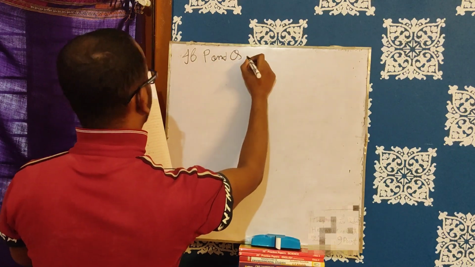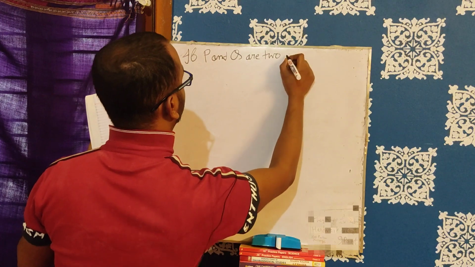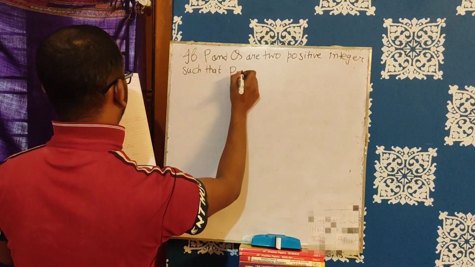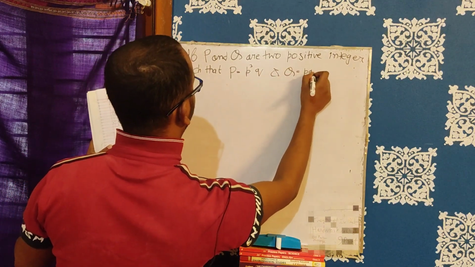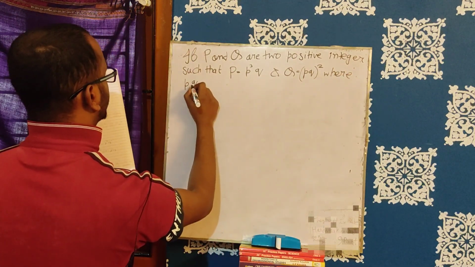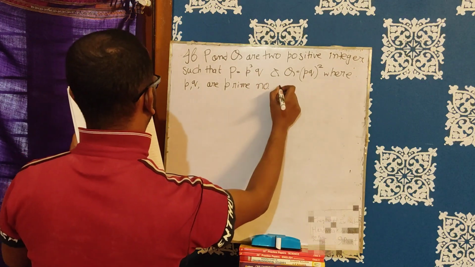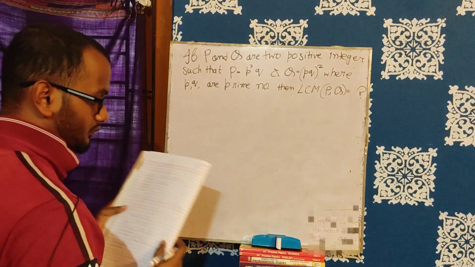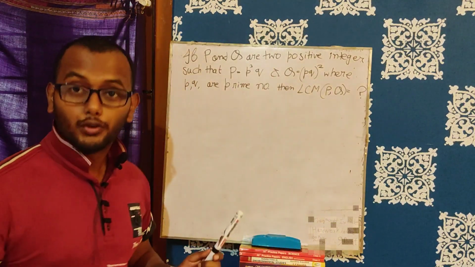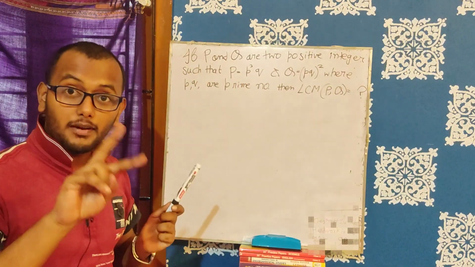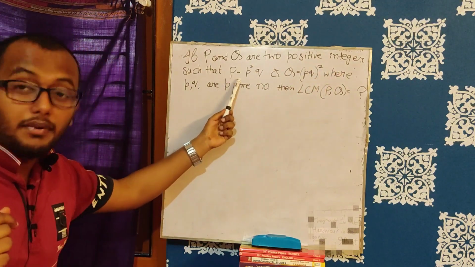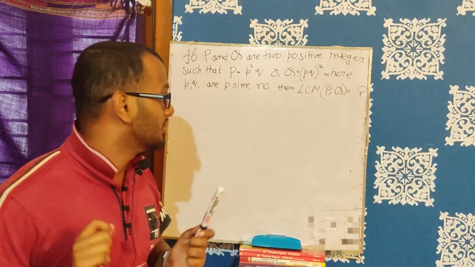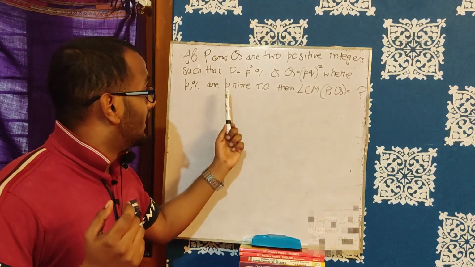If capital P and capital Q are two positive integers such that capital P is equal to small p to the power whole cube into Q, and capital Q is equal to small p small q whole to the power cube, where small p and small q are prime numbers, find the LCM of this one.